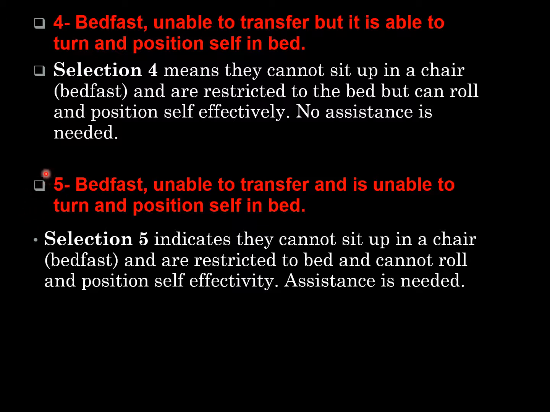If you have to give any verbal instructions or anything at all, then they are not independent, and therefore 5 would be the appropriate answer. So the difference between these 2 answers lies on the fact of the patient being able to independently and safely and effectively roll and move in bed without help.